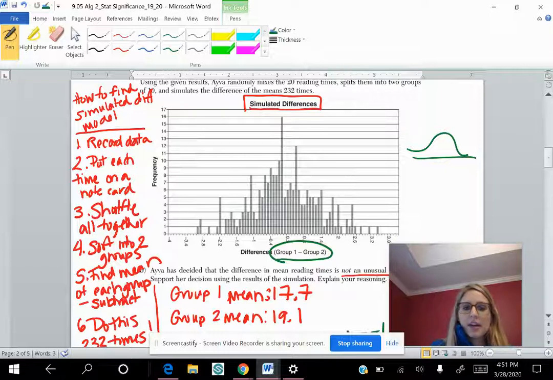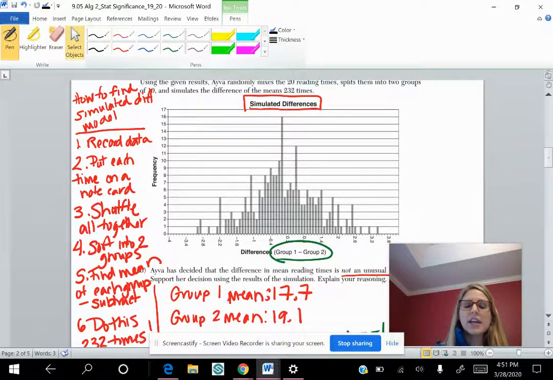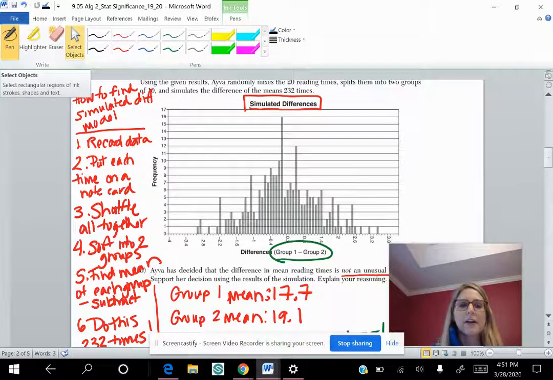Okay, so we found our difference of the means to be negative 1.4. So we want to know, is this statistically significant? So if negative 1.4 occurs often, and we have to define often because we all have different ideas of what that might mean. If negative 1.4 occurs within the 95% of your data, then that would be very common to happen, right?